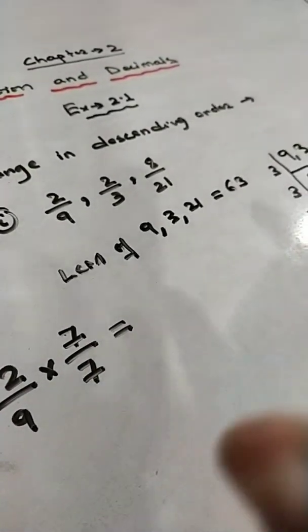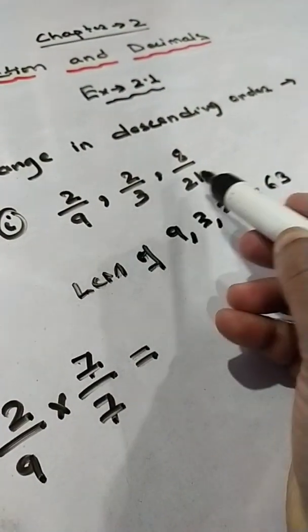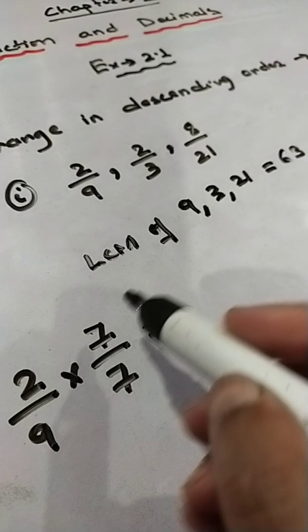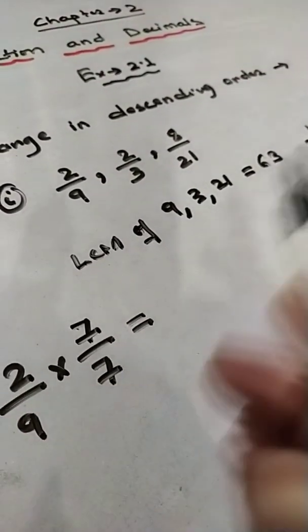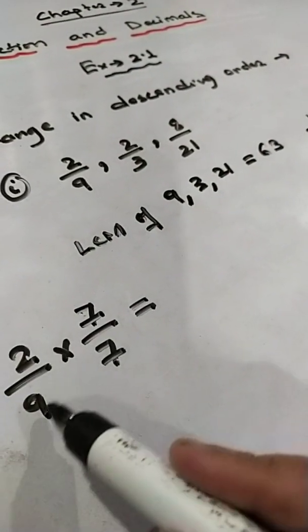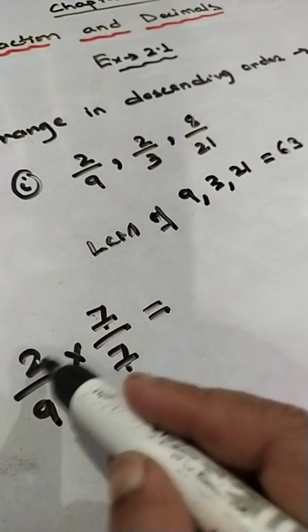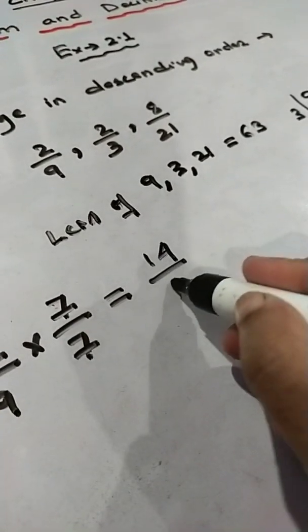Our main objective is to make the denominators alike. So 2 7s are 14 and 9 7s are 63.